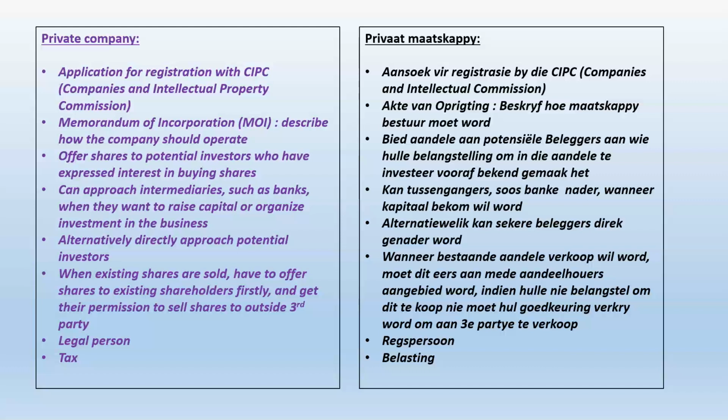There is an exception though, which you get very often with private companies where there's quite a close relationship between the shareholders and the management of the company. Maybe it's your own company and you are shareholder and director, managing the business of that company on a day-to-day basis. There you can sign suretyship for the debts of the company.